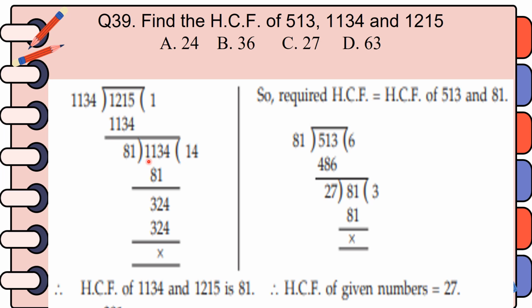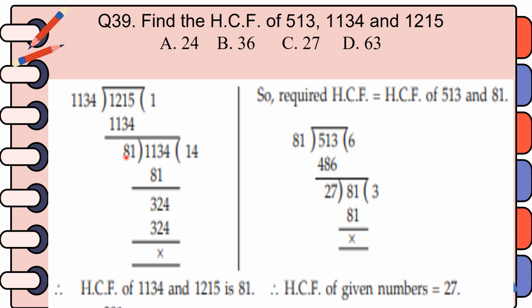How much? 1 times 81, 81, and again deduct it: 3 minus 1, 2, and 11 minus 8, 3. 324.